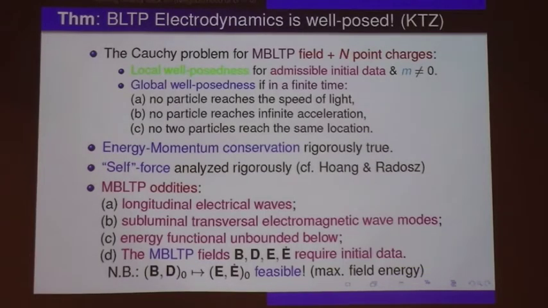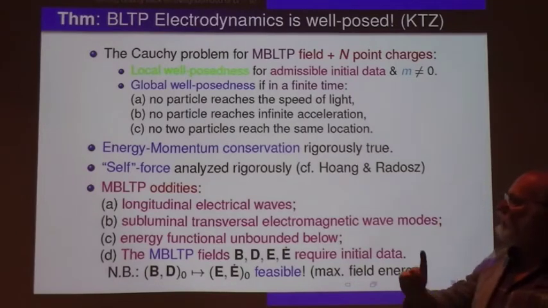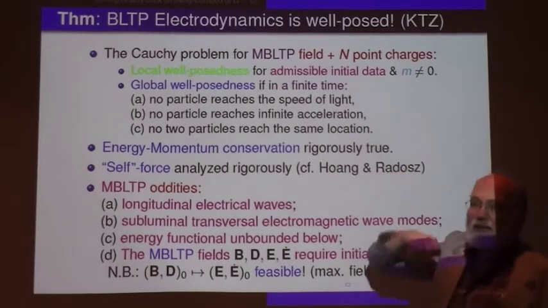Here it is, a theorem by myself and Shadi Tahvildar-Zadeh. BLTP electrodynamics is well-posed, well, locally, in time. We have a local well-posedness result. Important is that the so-called bare mass of a particle should not be 0. Global well-posedness follows if, in a finite amount of time, none of these three things happens.